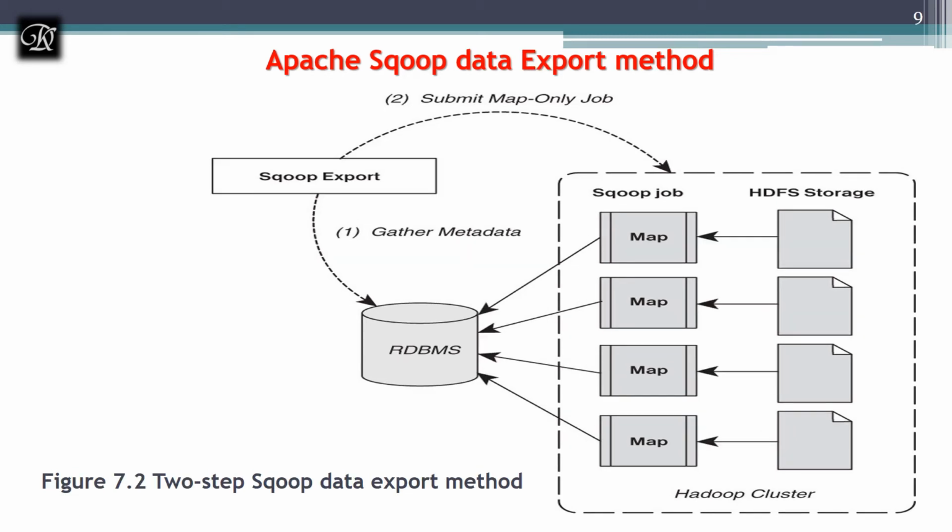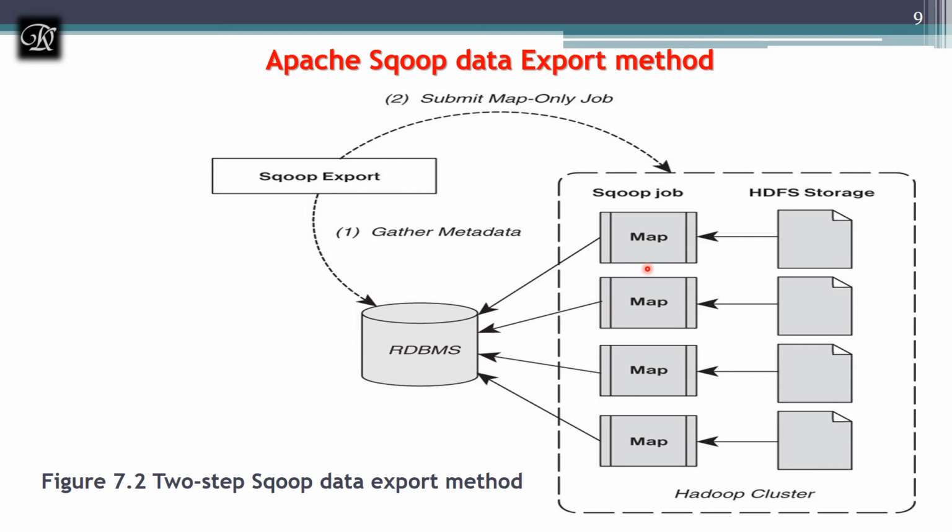Next, we'll see how to export. Even in export, we have two stages. Again, first you have to gather the metadata. Then we are going to perform the submit task. So we'll see now. Again, here also we have two steps.